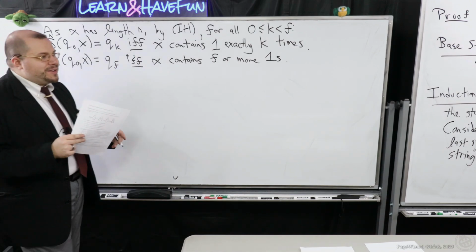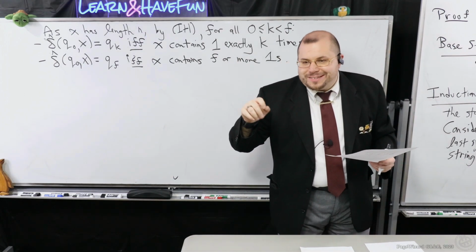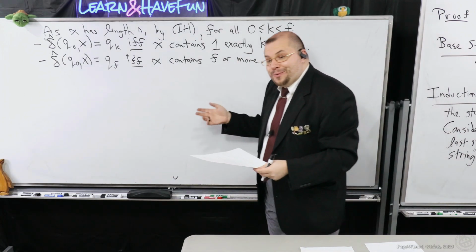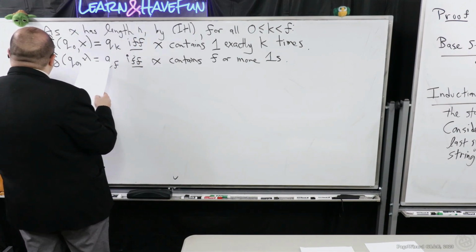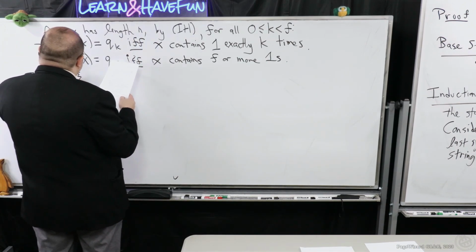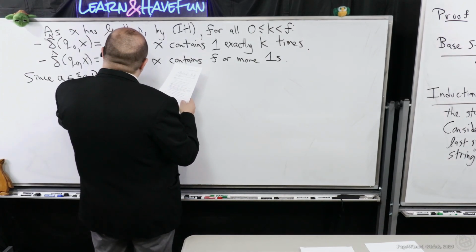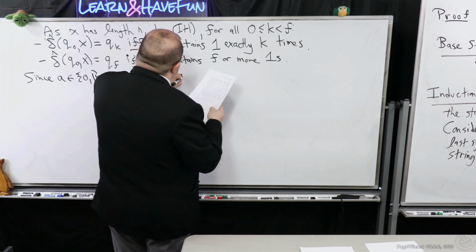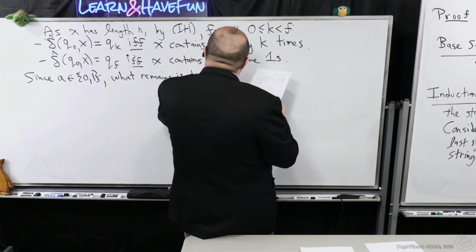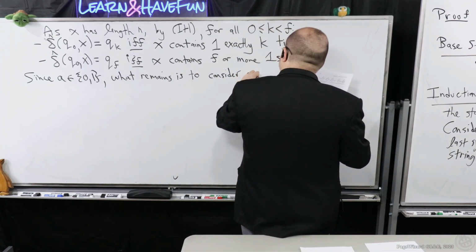So now all we got to do is append a on. So what's a? Well, a could be either 0 or 1, right? Since a is either 0 or 1, what remains is to consider each case above.